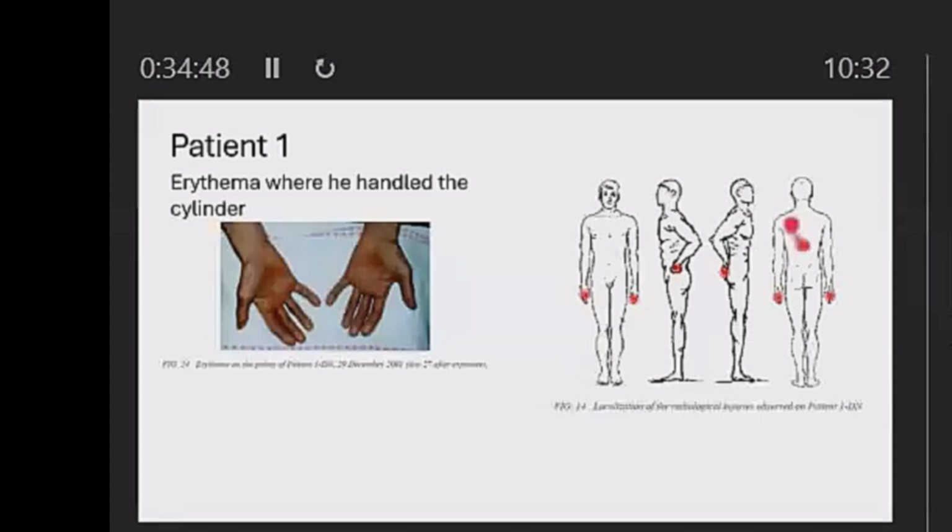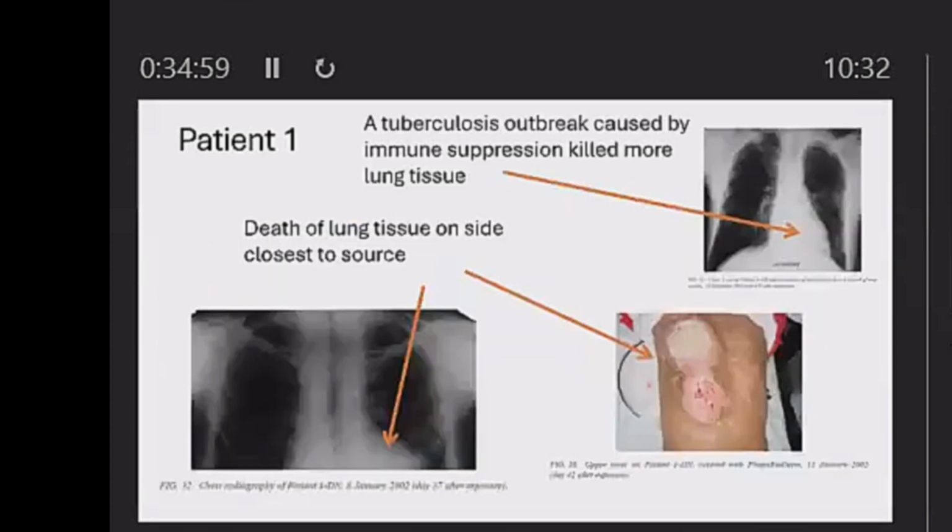Here's patient 1. Here is where he was injured. And again, he picked up the device with his hands. Patient 1's immune system got suppressed, and he had a tuberculosis outbreak.